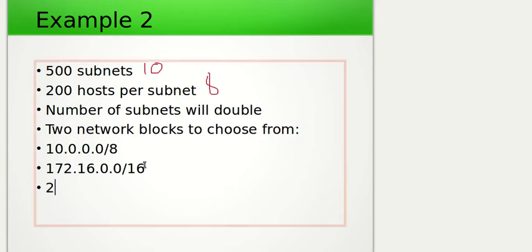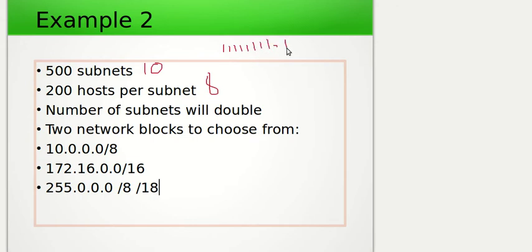So class A uses the default mask, which is a /8. And we know that we're going to be adding 10 more subnet bits on, which will give us a /18. Let's convert. We know we're going to have 18 binary ones. Let's convert this into binary, and then from binary we will convert back into decimal. So 1, 2, 3, 4, 5, 6, 7, 8.